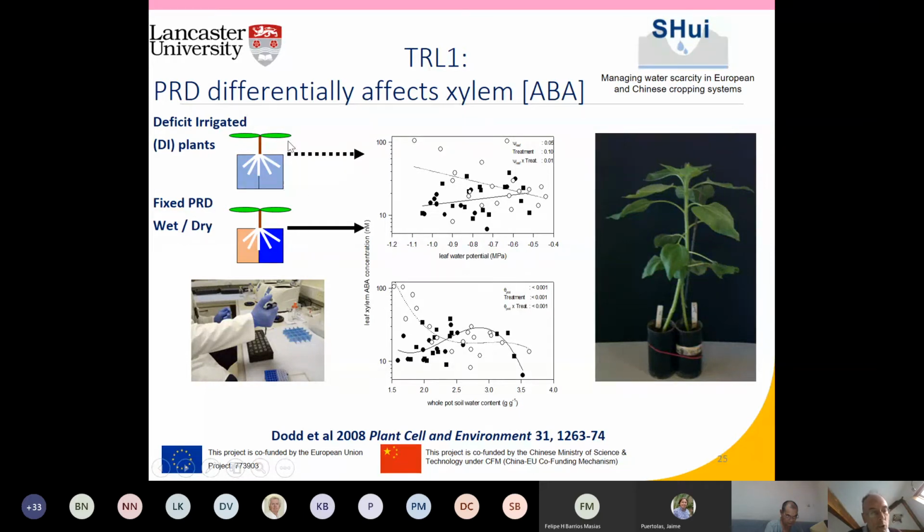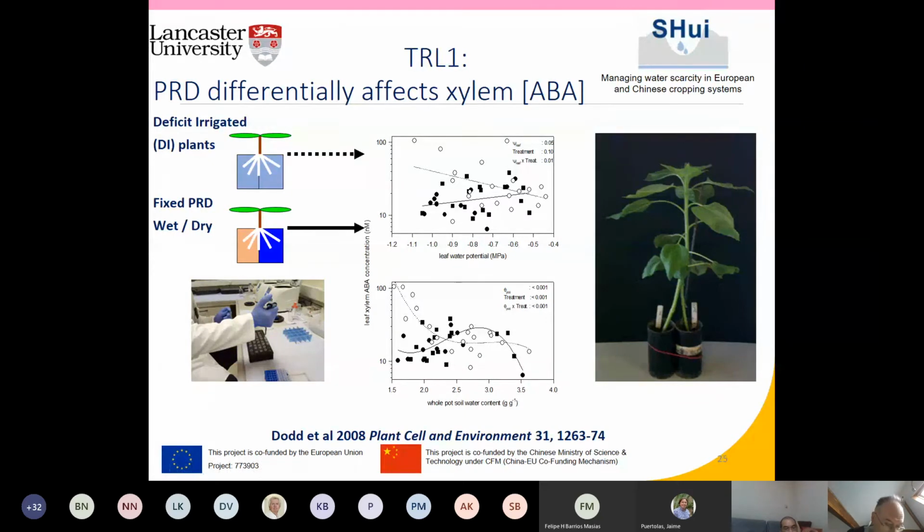So again, we have two treatments, deficit irrigated plants and plants exposed to partial root zone drying with distinct wet and dry parts of the root system. So this is the ABA concentration in the xylem of the leaves, plotted as a function of either leaf water potential or whole pot soil water content.